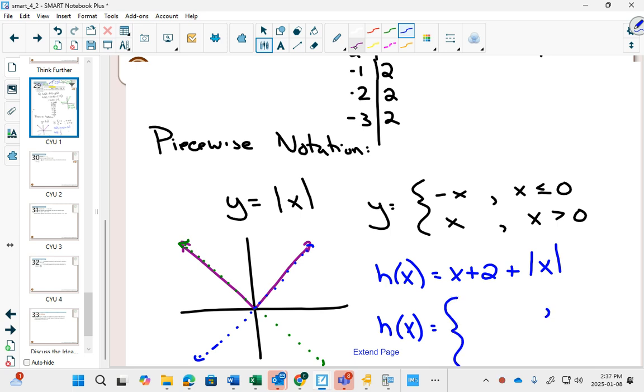Well, if x was less than or equal to 0, then the absolute value is actually -x. And if x is bigger than 0, then the absolute value is just x.